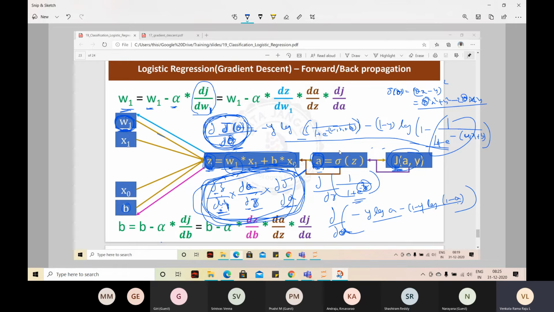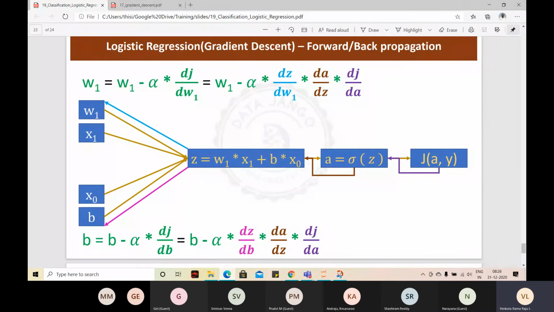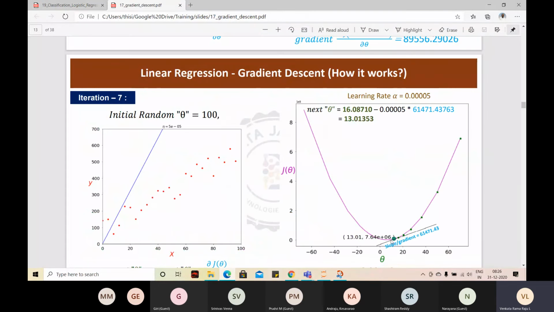Like that, the algorithm keeps doing these calculations until the derivative of the cost function with respect to w, theta or b becomes 0. Once this becomes 0, w will stay where it is. That means it reached the global minimal error place. Got it?